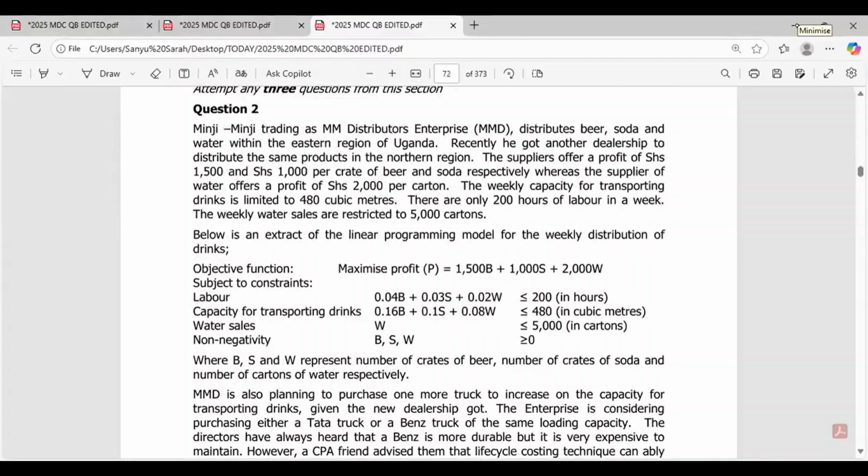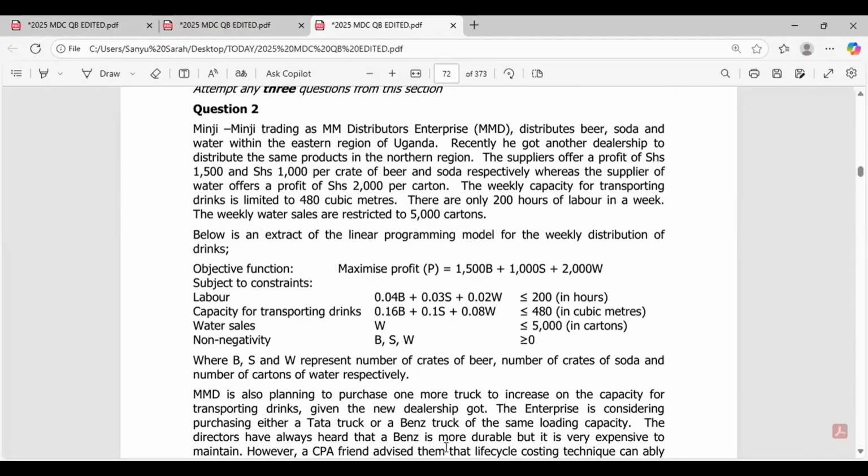So they said, Minji Trading as Distributors Enterprise, MDD, distributes beer, soda, and water within the eastern region of Uganda. Recently, he got another dealership to distribute the same products in the northern region.